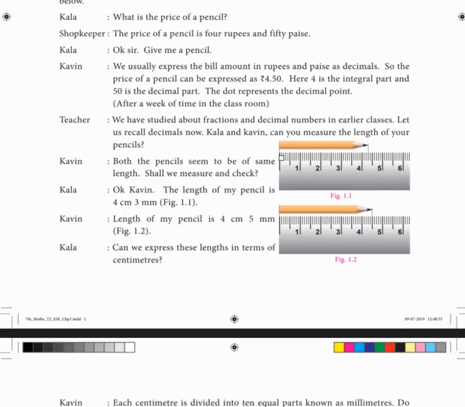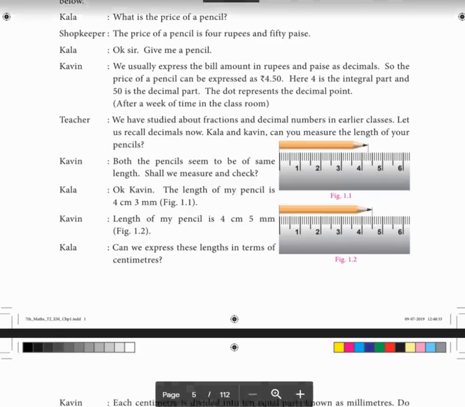So the length of this pencil is 4 centimeter point. 1 centimeter equals 10 millimeter. That is, these 10 lines are there between these two centimeters, isn't it? Between 4 and 5 we have 10 lines. So the length of this pencil is 4.3. In the same way here, the length of this pencil is 4.5. So both the answers are correct.